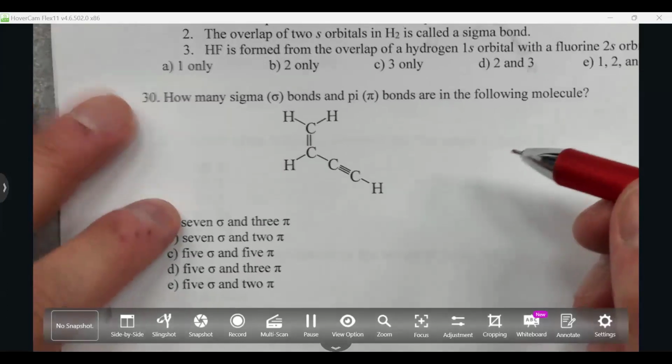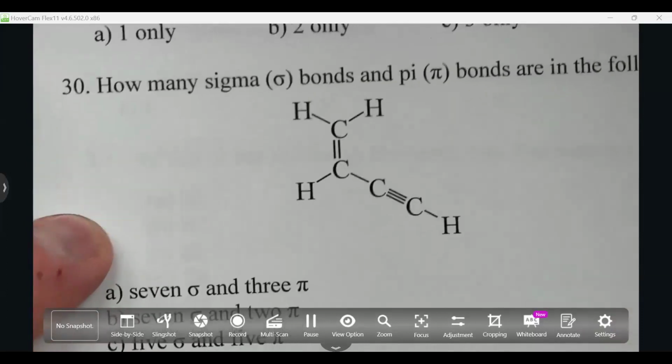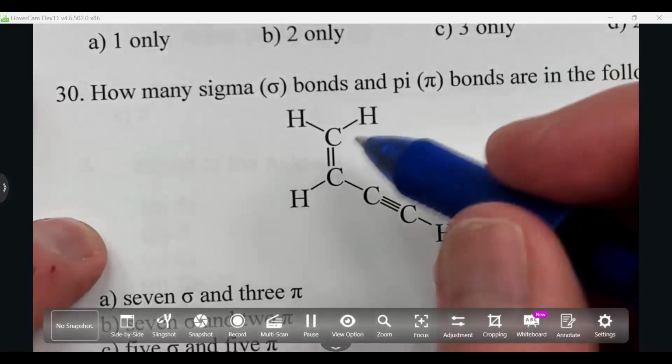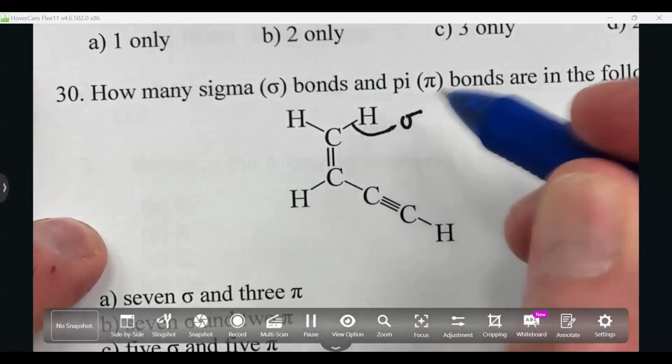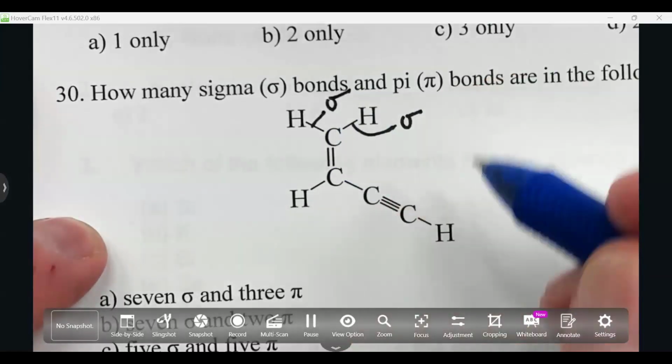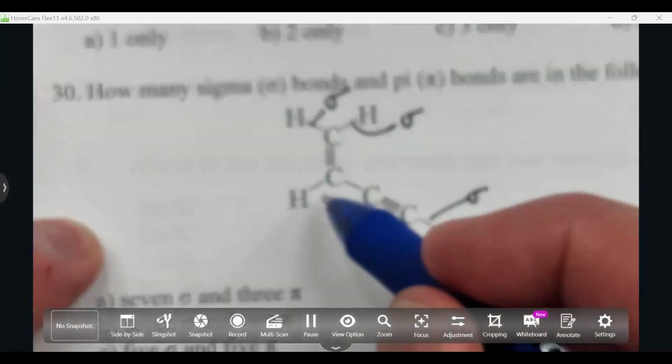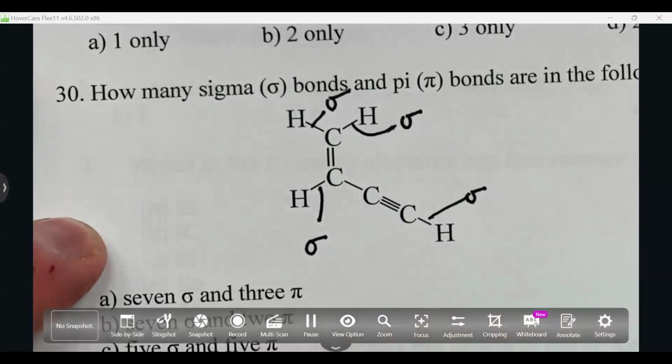So when we look at this, sigma, sigma, sigma, sigma for all your single bonds, sigma.